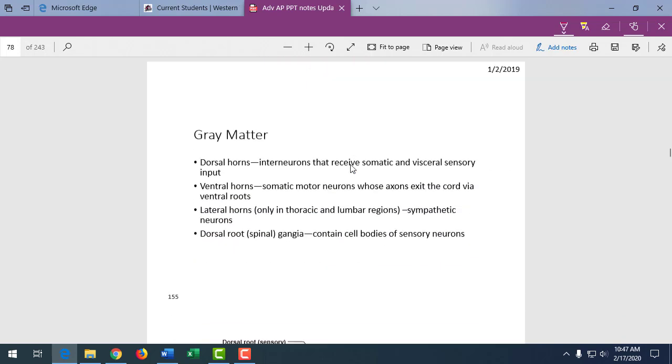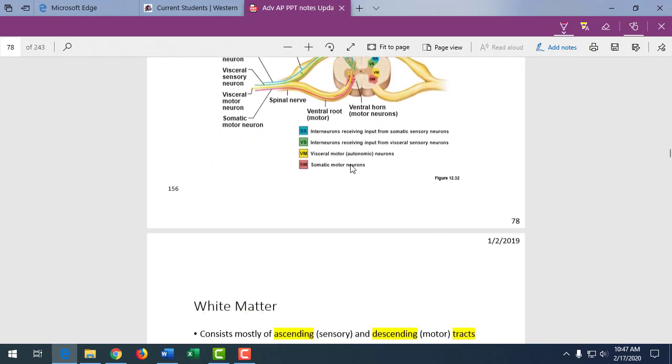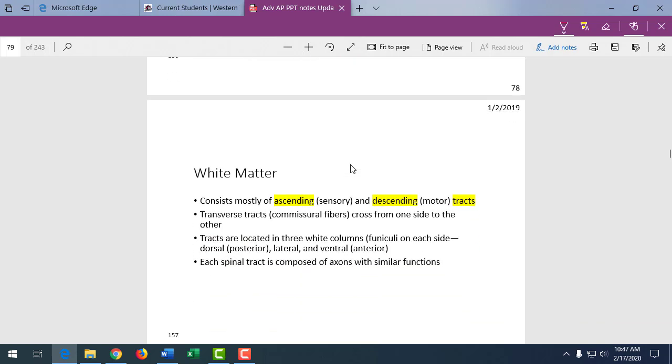Outside the central nervous system, we call it a nerve. So white matter is simply myelinated axons.